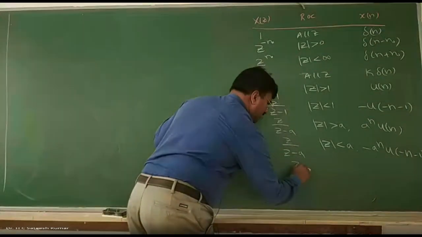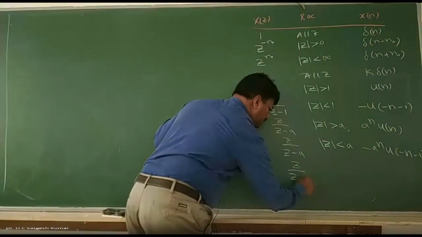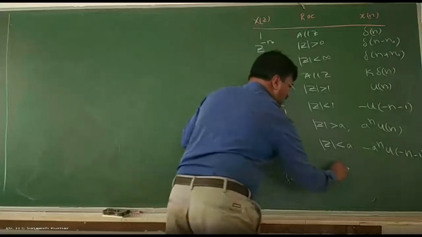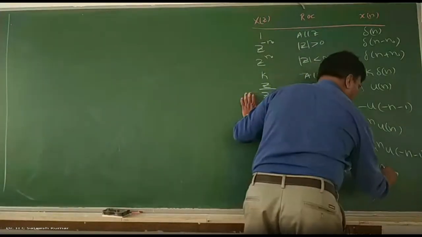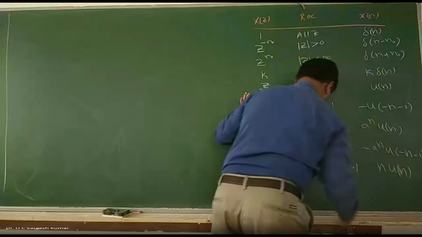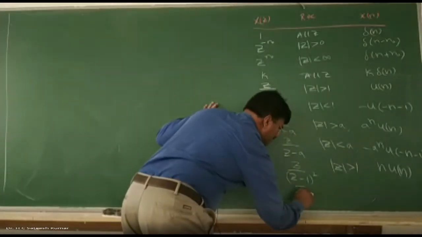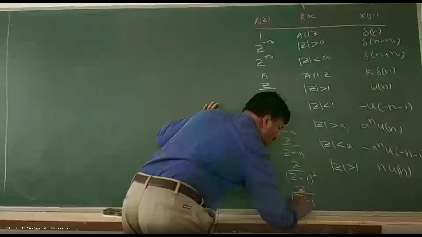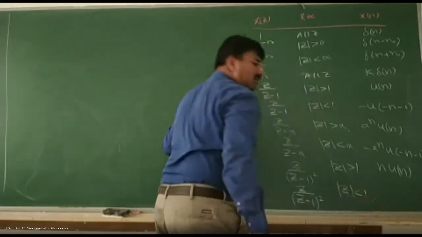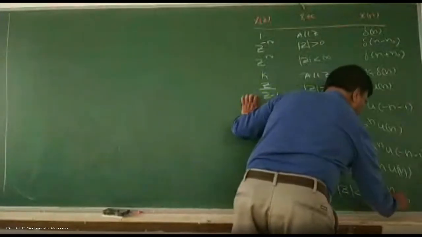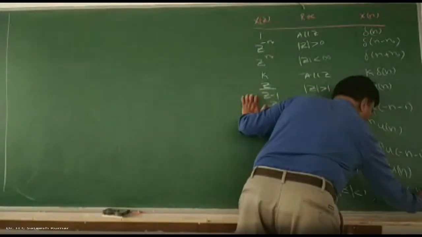Z divided by z minus 1 whole square with mod z greater than 1 is n into u of n. Next, same thing: z divided by z minus 1 whole square with mod z less than 1 leads to minus n into u of minus n minus 1. These are only the standard ones.